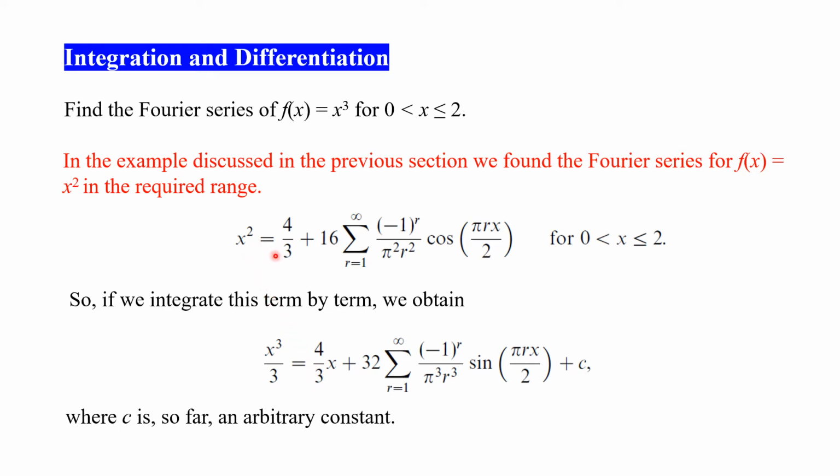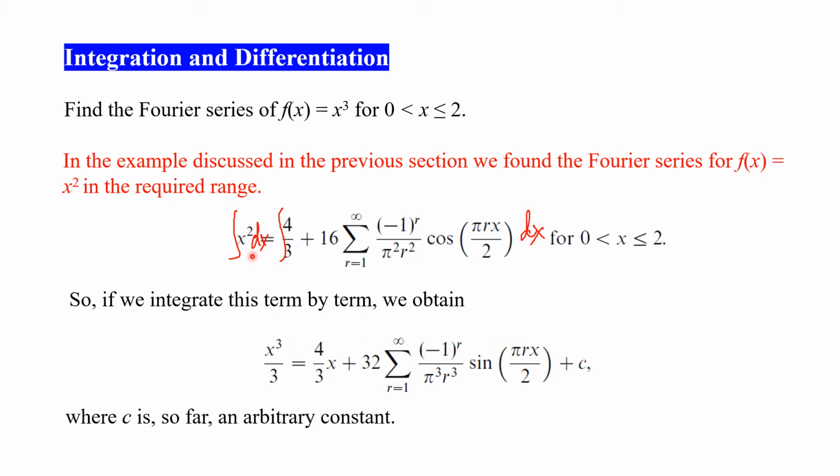So let's try to integrate this one. Integrating x squared dx, and also the right-hand side dx, what we have is x cubed over 3 equal to 4/3 x plus 32 times the sum of (-1)^r over pi cubed r cubed sine, which is the integral of cosine, sine pi rx over 2, plus c.